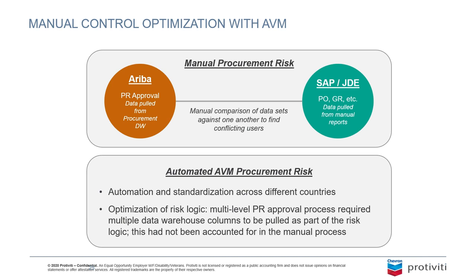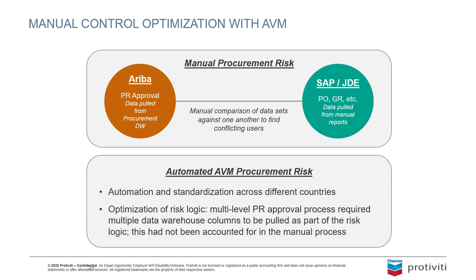In the previous manual process, just compiling the data to do the SoD analysis was a lot of work in and of itself. The various folks at Chevron in different locations helping out with this had to pull that PR information from Ariba, then go to SAP or JDE and pull the associated information for all those downstream transactions, the PO, the goods receipt, et cetera.